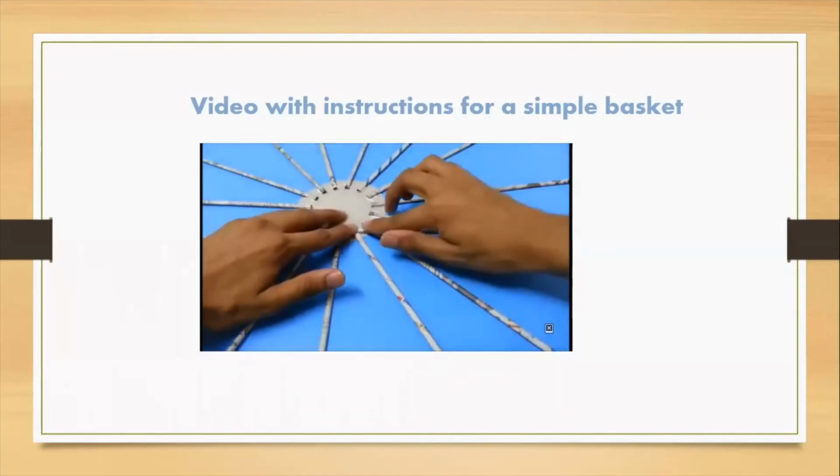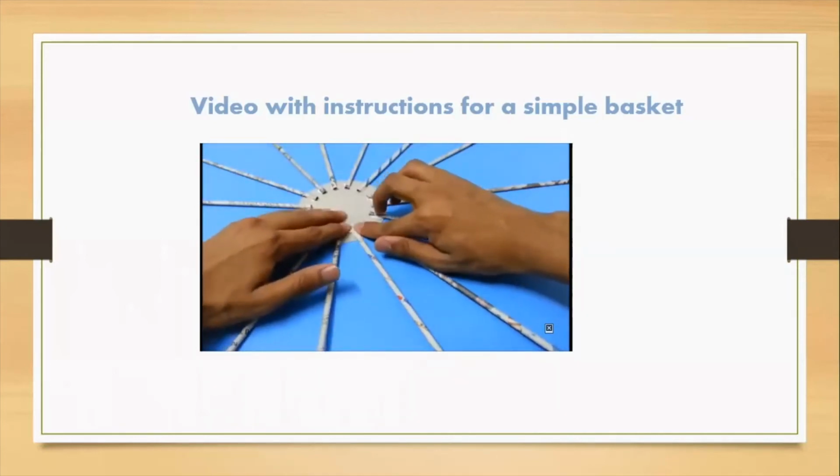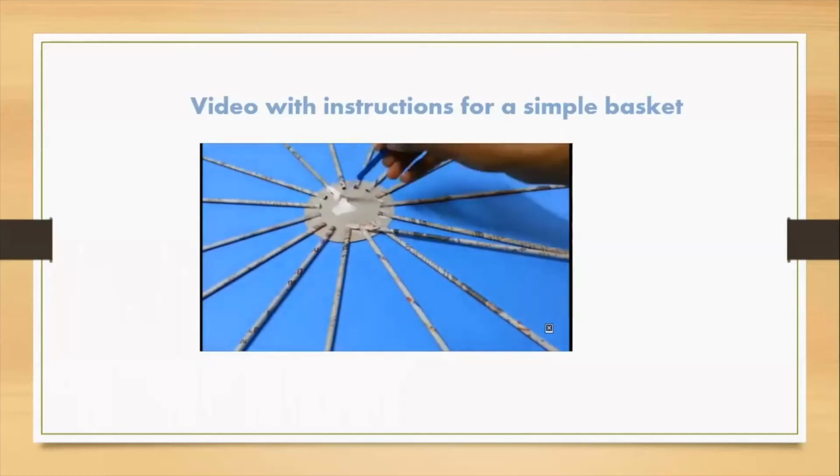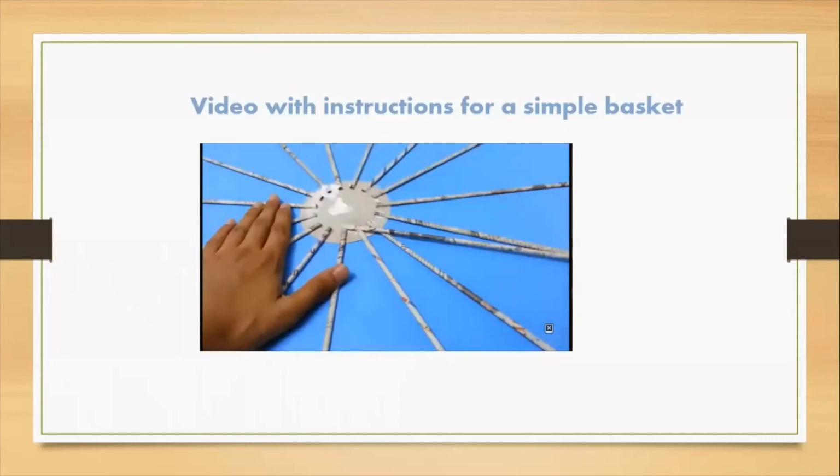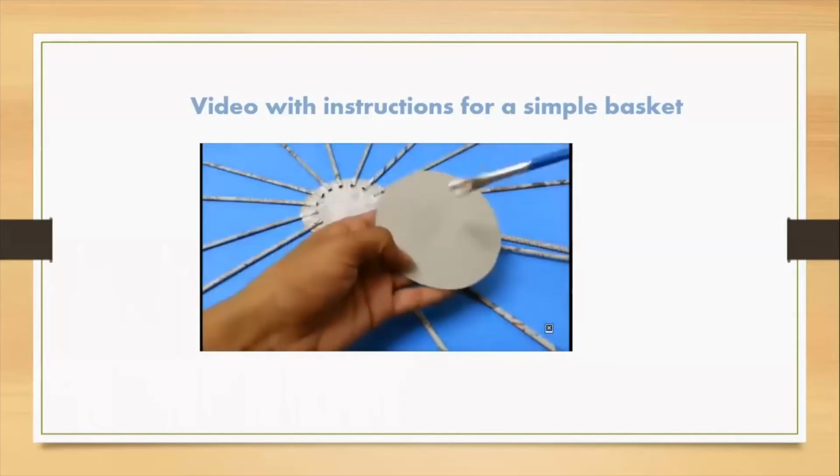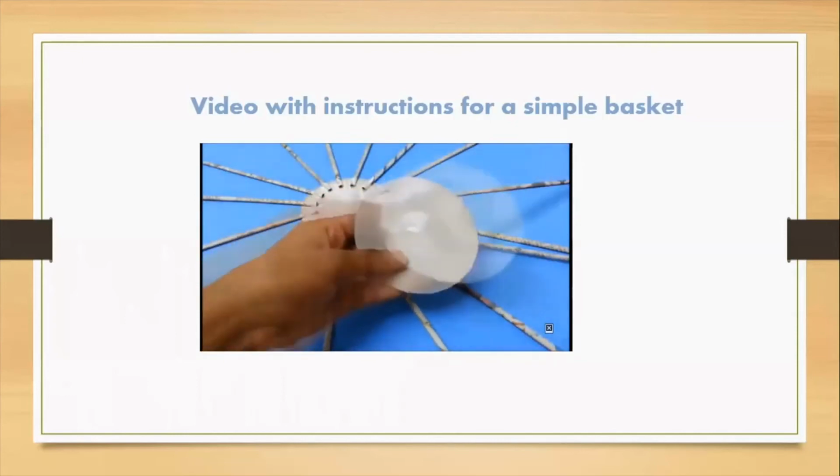Attach another tube at an angle. Glue the other circle above this.